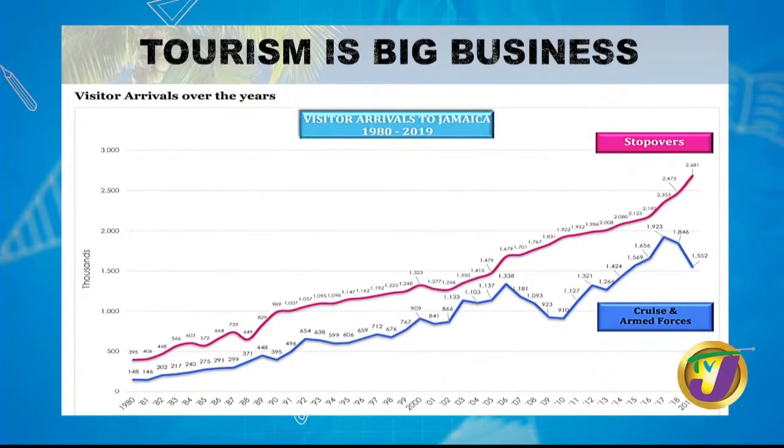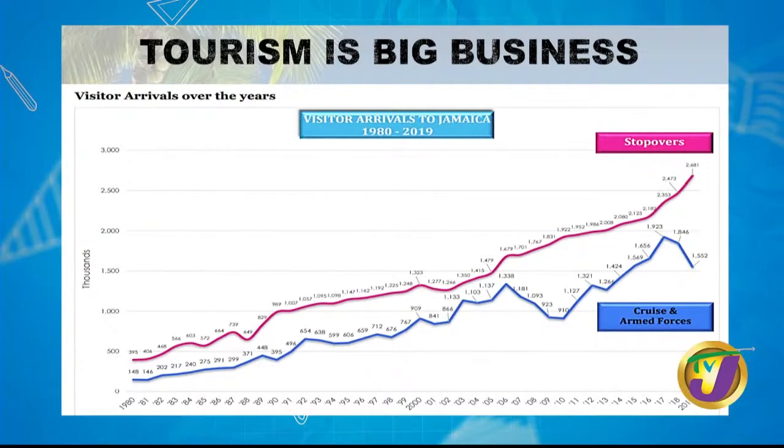We can also look at the visitors' arrival in Jamaica, and this is between 1980 and 2019. And if you look closely at the line graph, it is showing an increase from 1980. So there is a dip here at 1985, but it picks up again and starts to go up in 1987, where it suddenly falls in 1988.